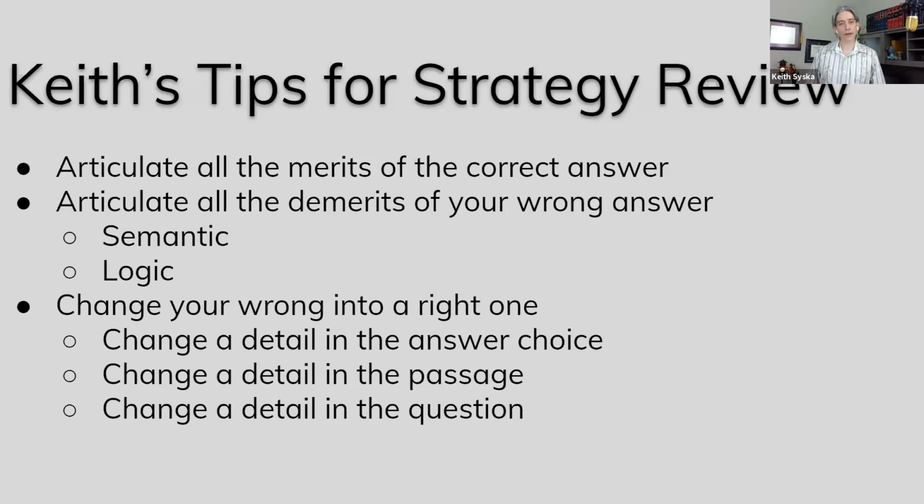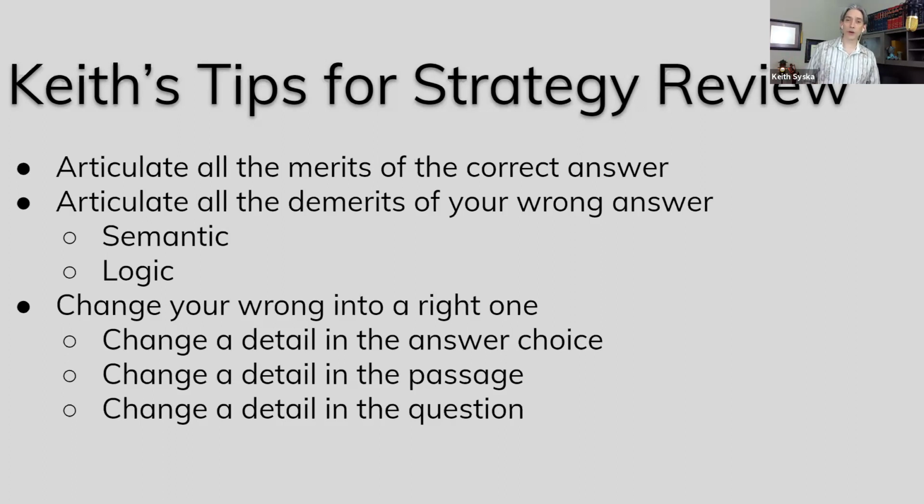You have to go back and look at your wrong answer and say, okay, can I change a detail in that answer choice that would make it correct? That's easy when it's just a semantic problem. Can I change a detail in the passage that would make the answer correct? Or is there something about the question that, if I could change it to another question type, would easily switch it to a correct answer?